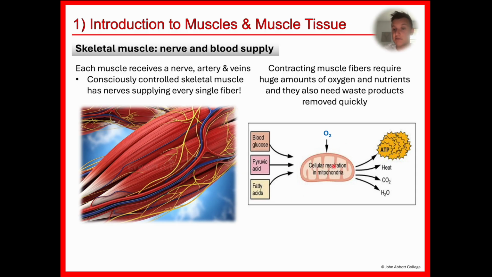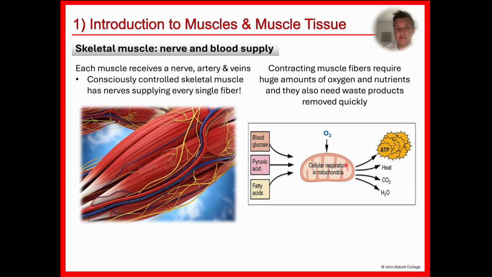And so that muscle cell will take the oxygen, the fuel, and the little mitochondria in their cell will undergo what we call cellular respiration. They'll make a bunch of ATP, which is the whole point of this. They'll create heat at the same time, which is why we get warm when we use our muscles a lot. It'll also make CO2 and water. This CO2 needs to get gotten rid of somehow, right?